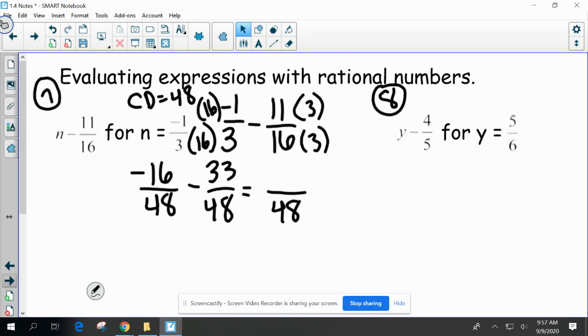Sorry. Okay, negative 16 minus 33, what do you get? It's going to be further negative. Negative 49. Okay, so then now I have an improper fraction. So, yes, 1 is negative 1. And 1 is 48. Yep.